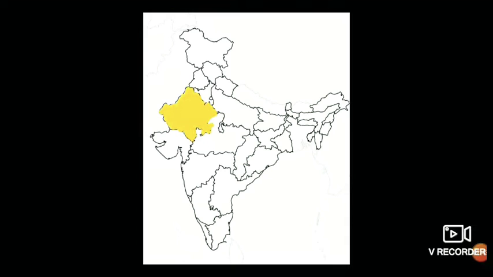The plants and trees need less water for their growth, and the plants and trees present in Rajasthan and Gujarat are cactus, date palm, babul, acacia. Shade the state Rajasthan using yellow color, which represents dry area.